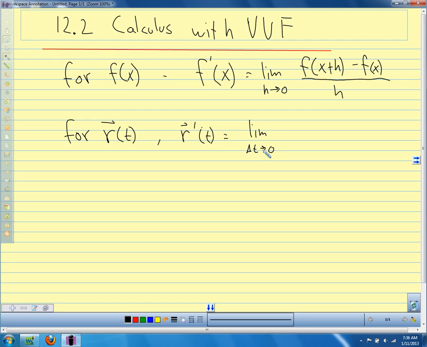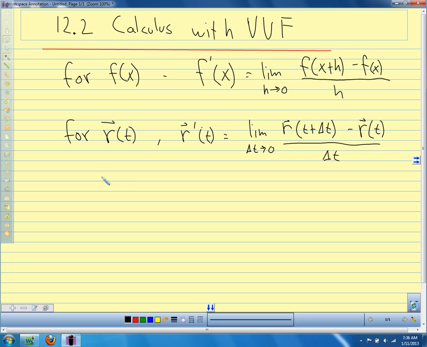The limit as delta t approaches 0 of r of t plus delta t minus r of t divided by delta t. The exact same definition.